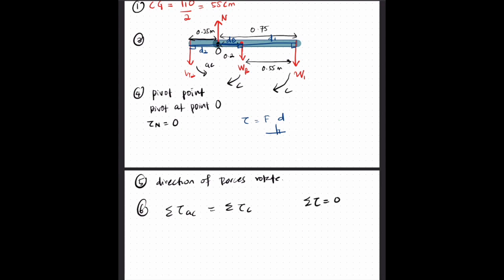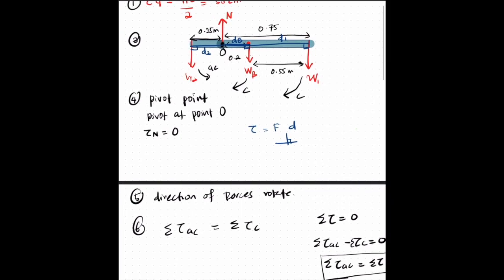Total torque anti-clockwise is positive, minus total torque clockwise, which is negative, equal to 0. Then we don't need to identify the positive or negative torque anymore. Then just rearrange the torque.